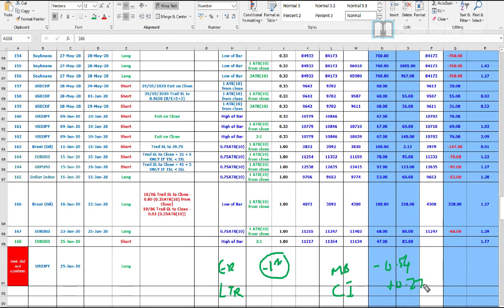Now overall, if you add that all up together, for the live trading room we are just a little bit down by -0.27%, and then in the Elite Room I'm down -1. So altogether just a little bit down this week at -1.27. Just make sure that you always manage your losses so that when the profits come, they can override them much more quickly.